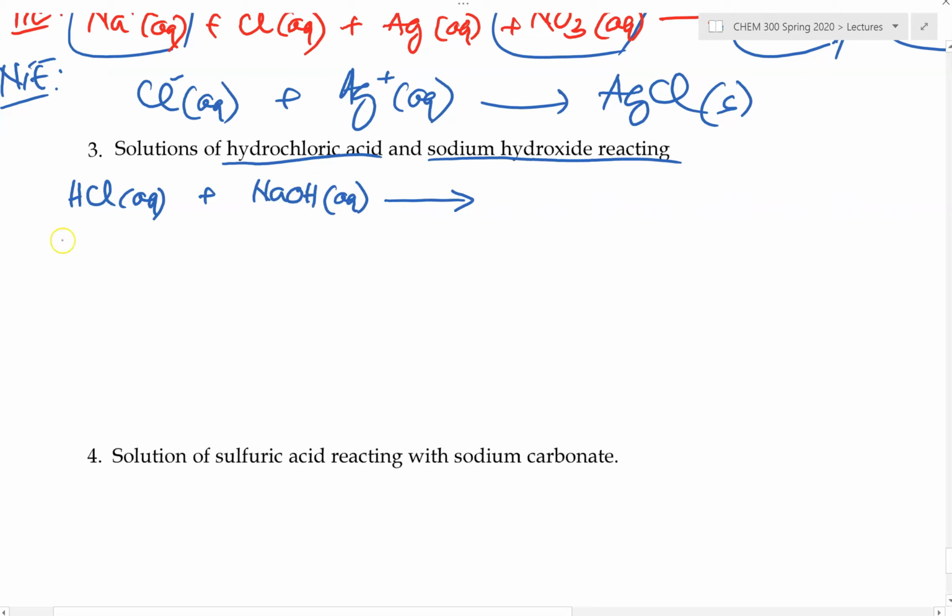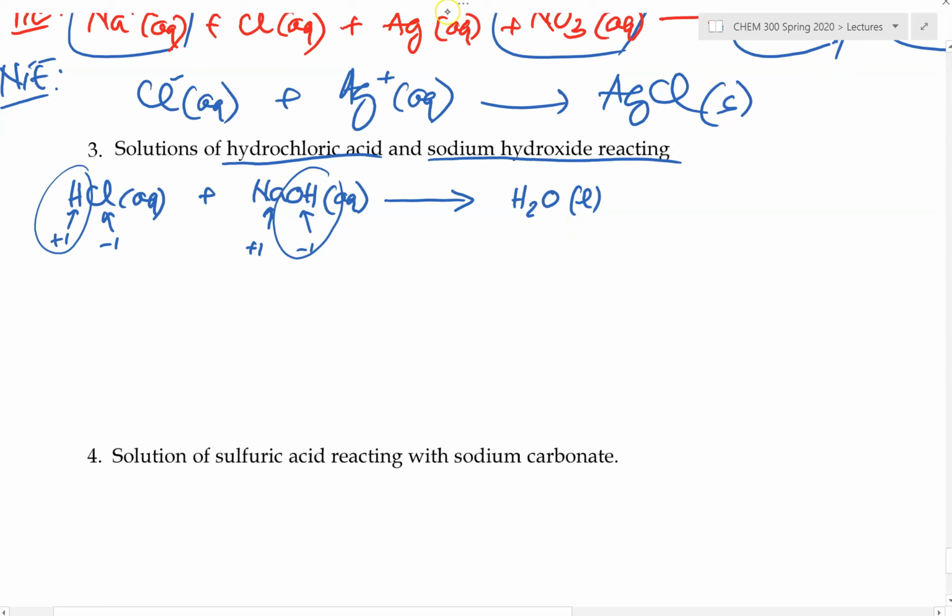And again, this is a double replacement reaction. So we want to predict the product. Make sure we state the charges, right? So here the hydrogen is +1, the chloride is -1. Here the sodium is +1, and the hydroxide is -1. So if anything is going to happen, the hydrogen would form a compound with the hydroxide, producing water. And we all know water is a liquid.